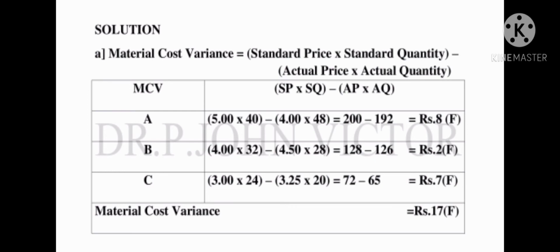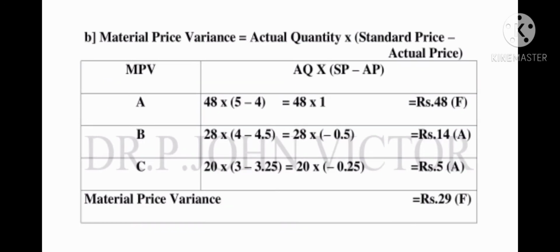Then let me go to the next one, material price variance. The formula is actual quantity into standard price minus actual price. The abbreviation is MPV: AQ actual quantity into SP standard price minus AP actual price.